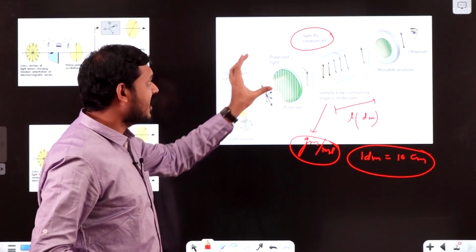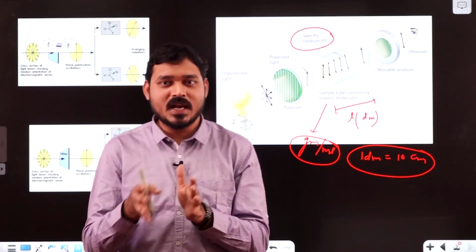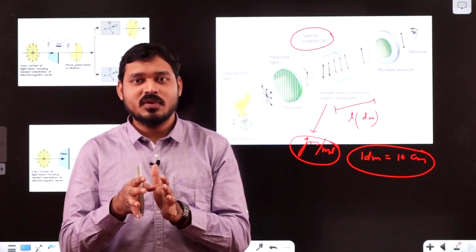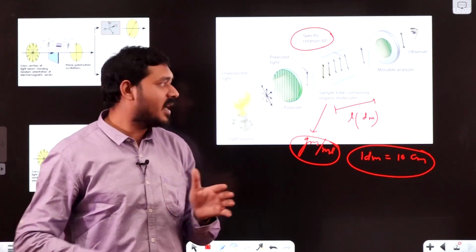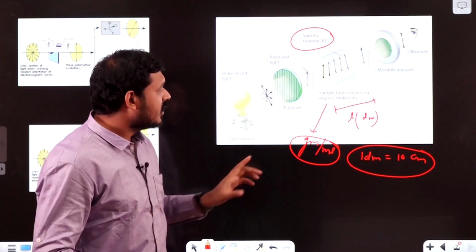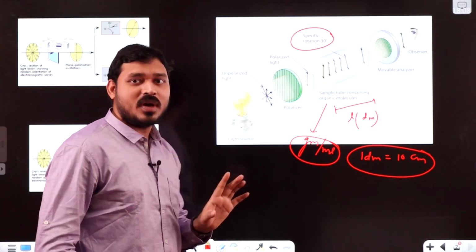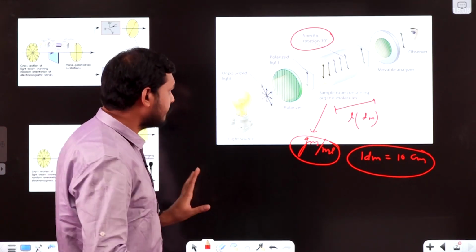So specific rotation means the rotation of PPL when passed through this experiment, having angle of rotation 30 degree here, when the concentration is 1 gram per ml and length is 1 decimeter.